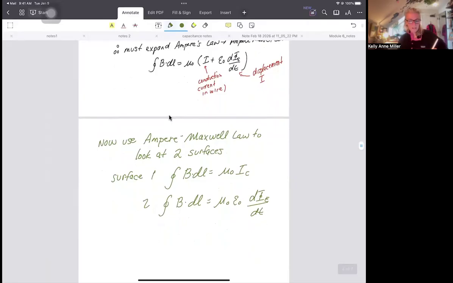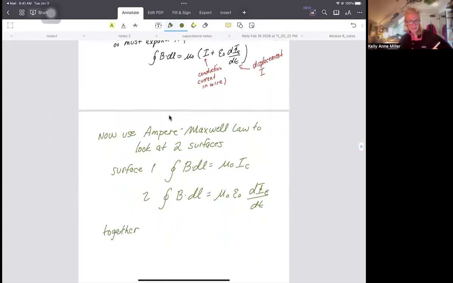The point is that together there's not an inconsistency. One thing is no longer yielding a zero value as it was before.